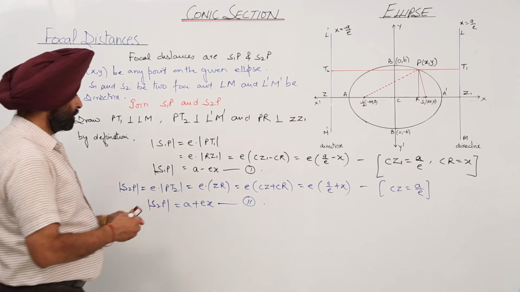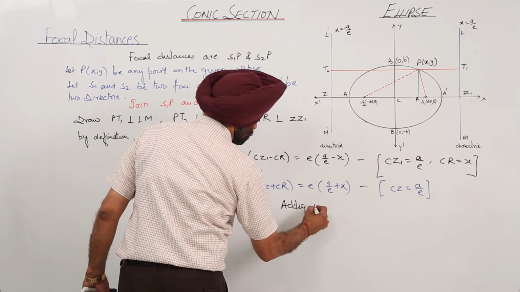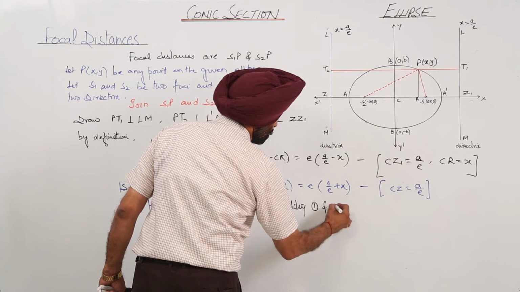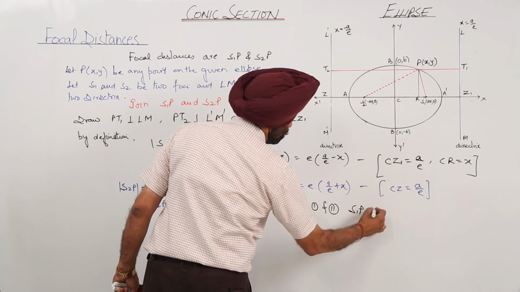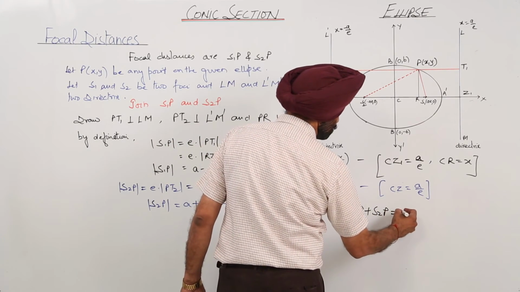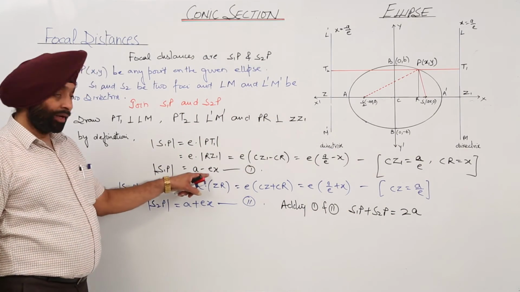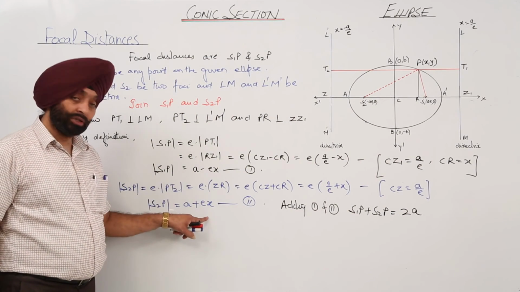Now adding 1 and 2, we get S1P plus S2P equal to (a minus ex) plus (a plus ex).